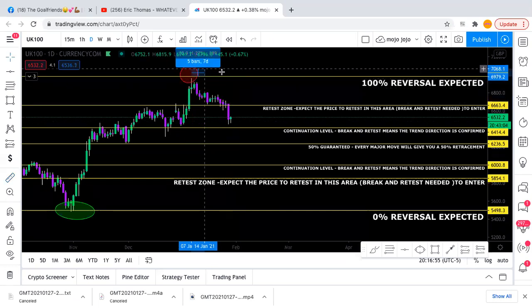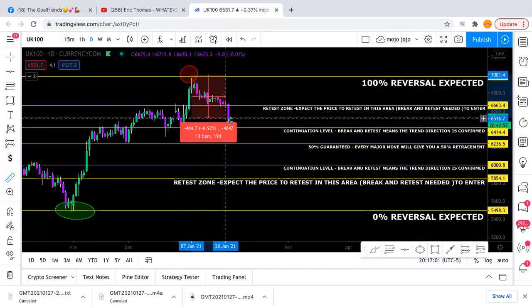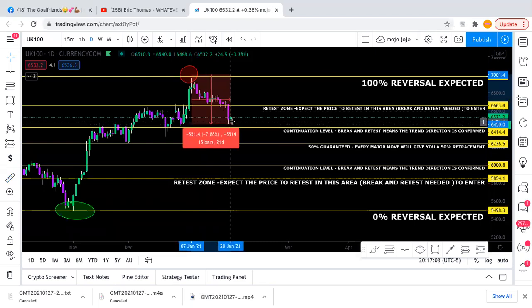And you could have taken this trade on the daily. This move finally played out on January 21st. You would have caught the perfect entry into UK 100, and you wouldn't have come out until 21 days later.